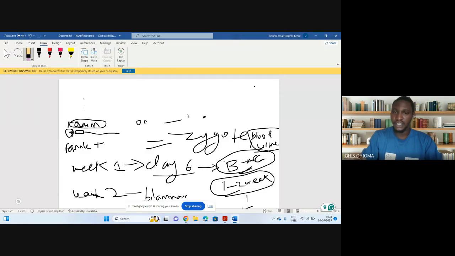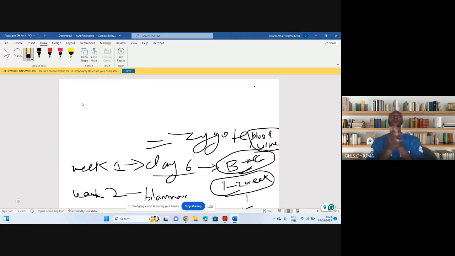At week 8, the genitals form, but you cannot say this is a male fetus or a female fetus, because the primitive gonads are not differentiated. You just have primitive gonads that develop. It's at week 10 that the earliest form of differentiation happens.